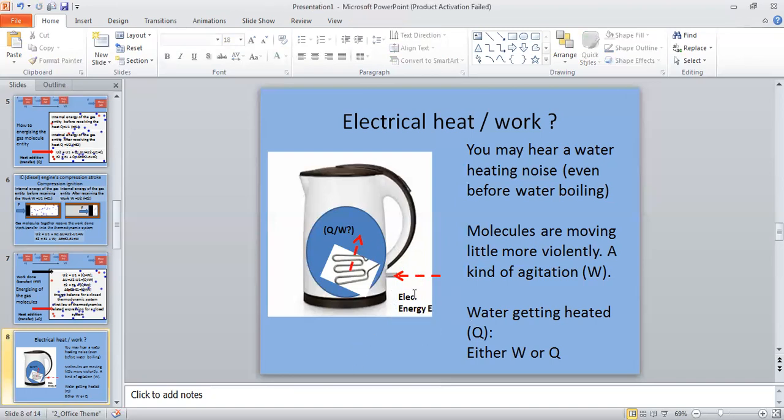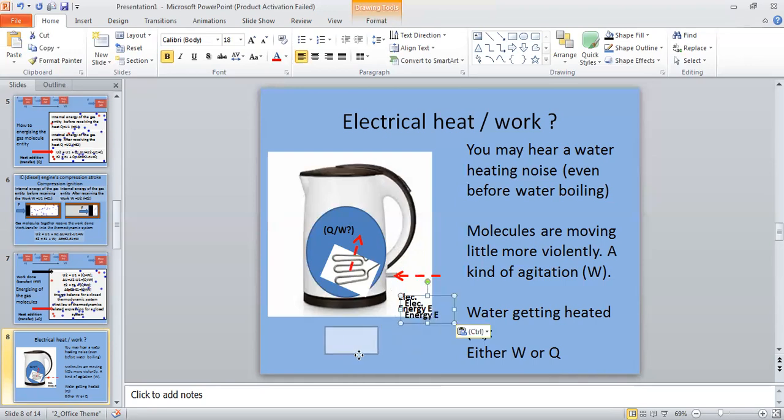So this E, if you consider it is fully efficient, the heater normally transfers the energy to the water the same way, as Q, or you can consider it as W. Okay.